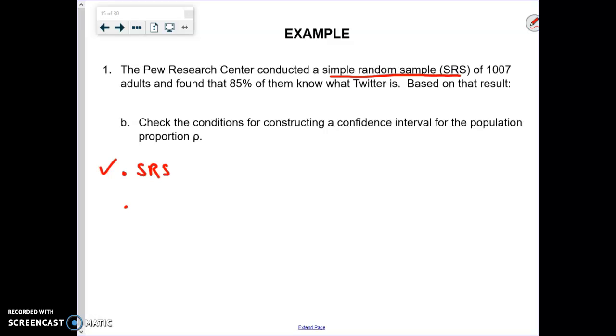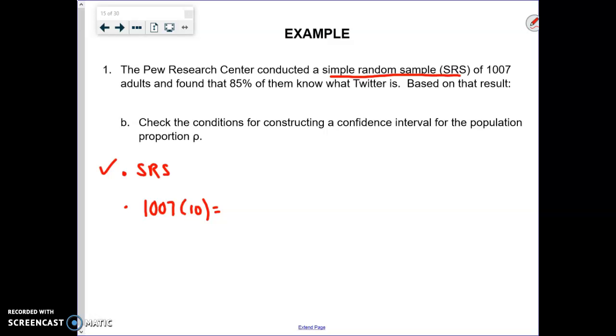Number two, the sample has to be less than 10% of the population. There's an easy way to check that. Just take your sample size times 10. That will give you the size the population has to be, or larger, in order for us to be able to use this.